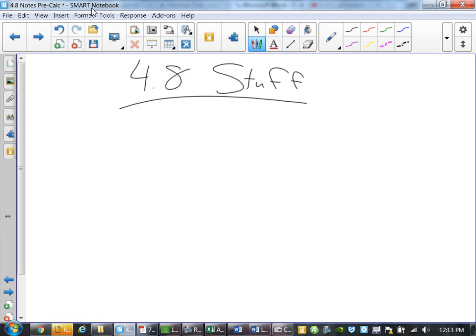The majority of the stuff that's in 4.8 is all review. For example, it might say something like, solve the right triangle.